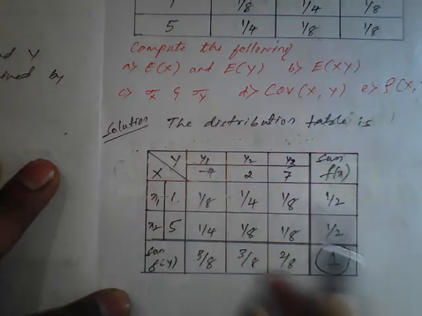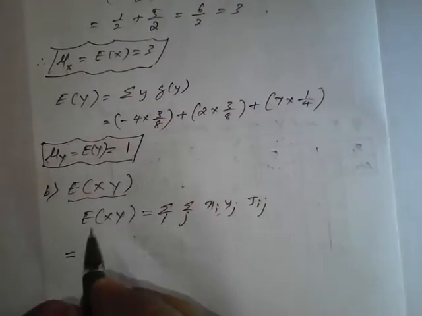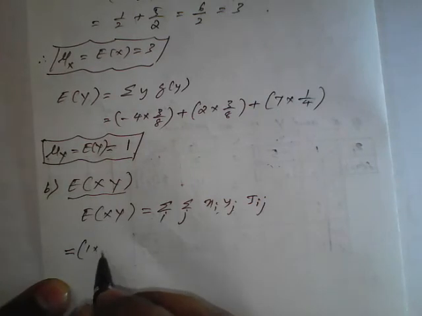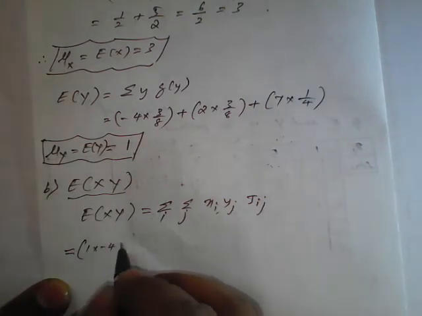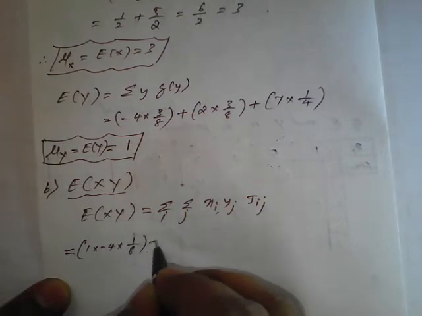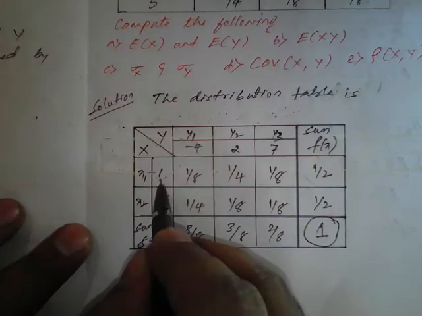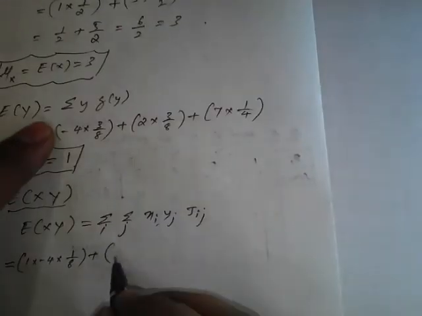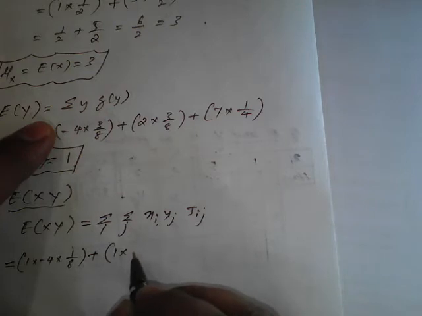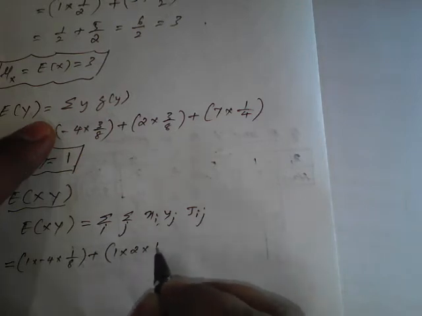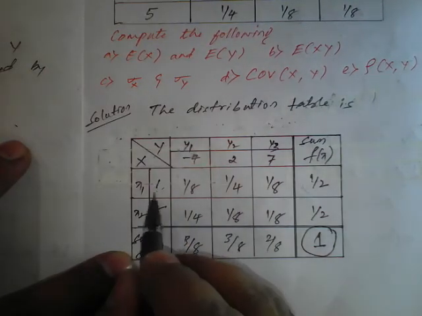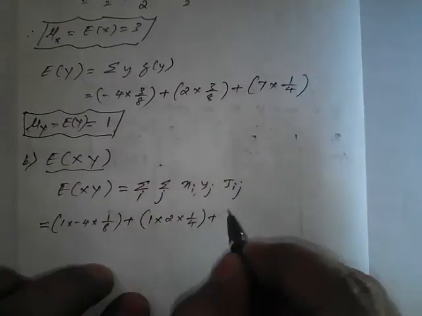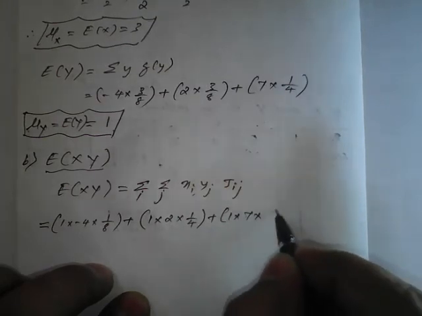We have to write 1 into minus 4 into 1 by 8, plus 1 into 2 into 1 by 4, plus 1 into 7 into 1 by 8.